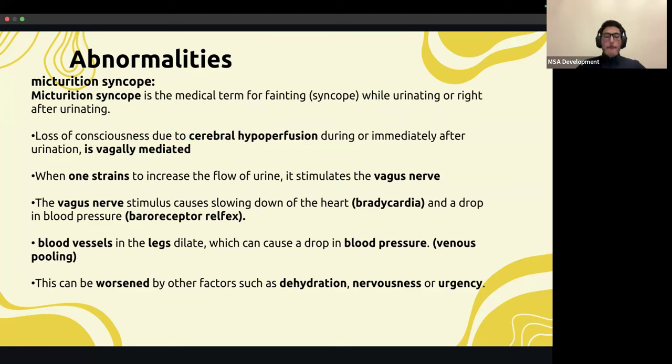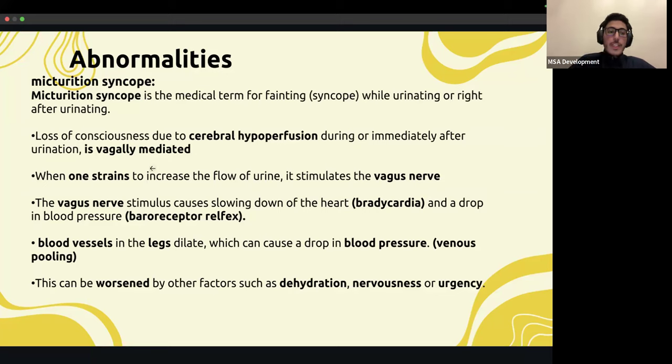Someone is urinating. We mentioned in the previous slide that some patients who have constriction of the prostatic urethra or any segment of the urethra find difficulty urinating. To overcome this difficulty, they need to apply force, and with applying that force and increasing pressure, the blood pressure increases.